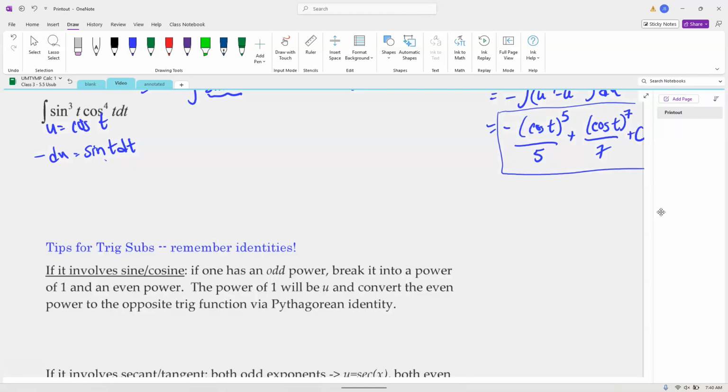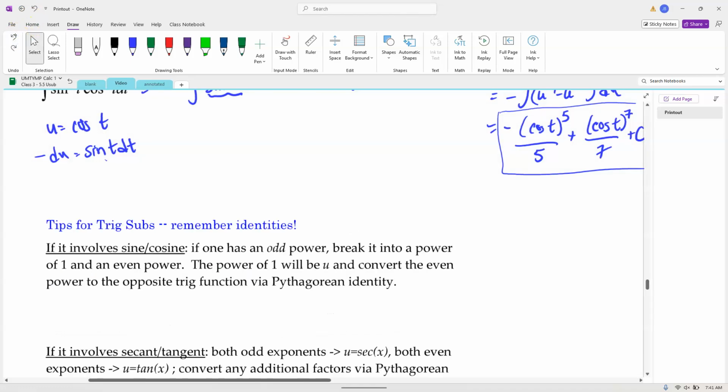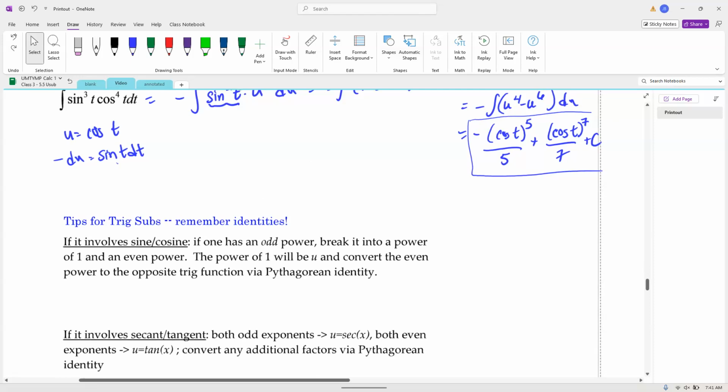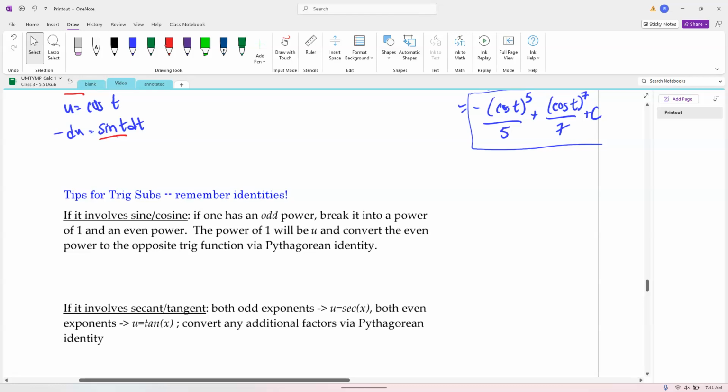If one of the expressions in the integrand has an odd power in sine and cosine, break it into one and an even power. I didn't explicitly show that here, but it's actually what I ended up doing, right? I broke this into sine of t and sine squared of t. And that single sine ended up being used in the derivative of the u sub.